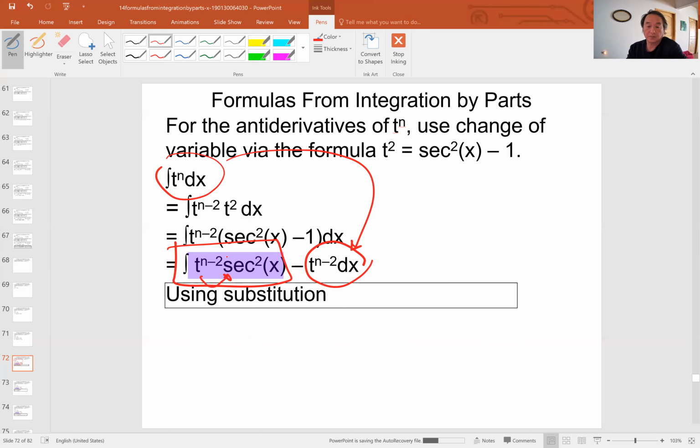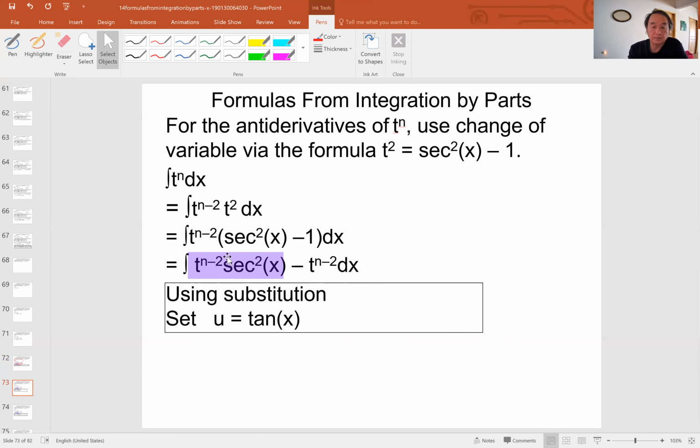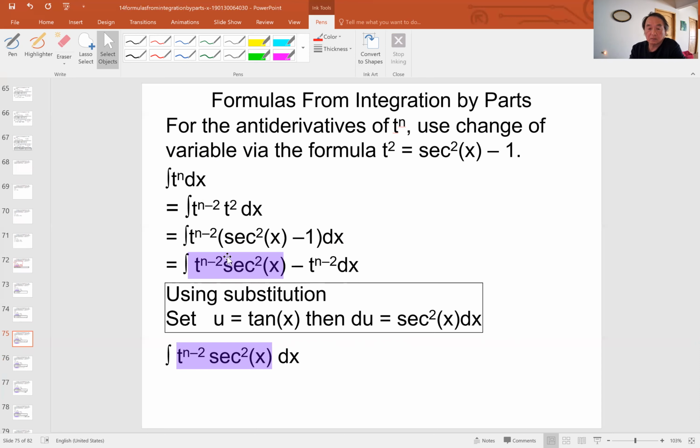This part I use substitution. Okay, use tangent as u, so we use secant square dx. The front part of the integral: dx is replaced by du, the secant square cancels out, substitution. So it becomes a polynomial of power n minus 2.